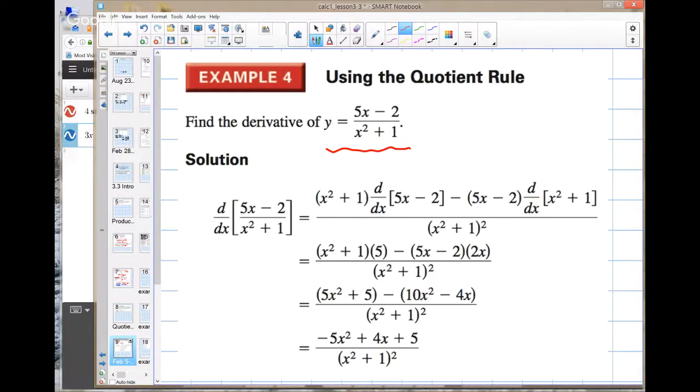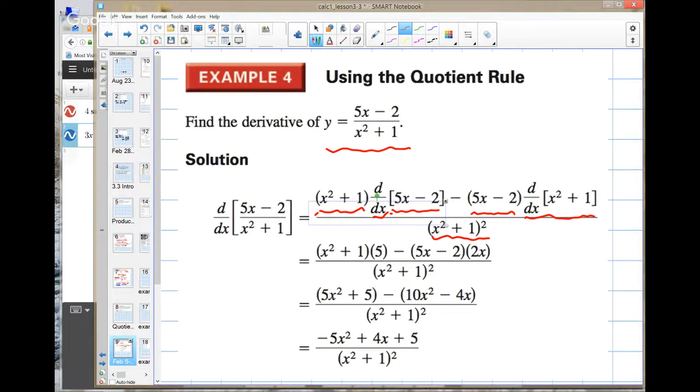So how could we take the derivative of this thing? Our only choice is to use the quotient rule. So we take the denominator, here it is, times the derivative of the numerator, minus the numerator times the derivative of the denominator, all over the denominator squared.